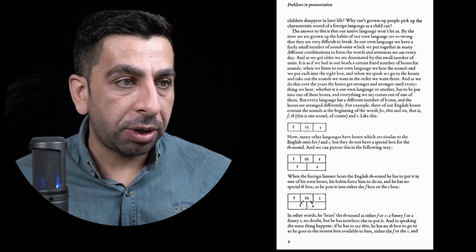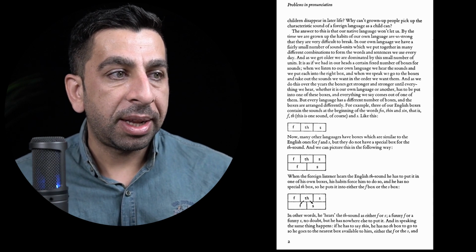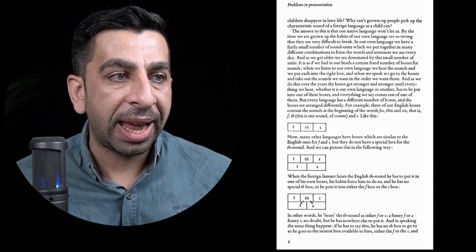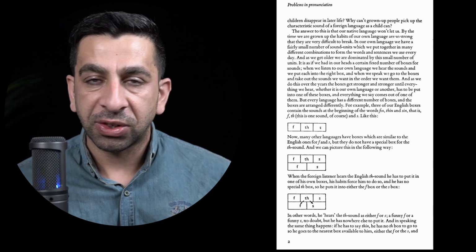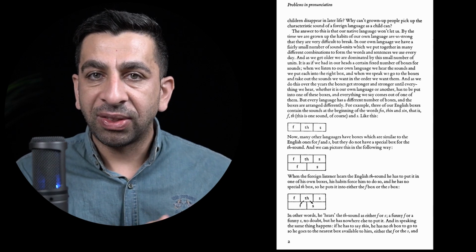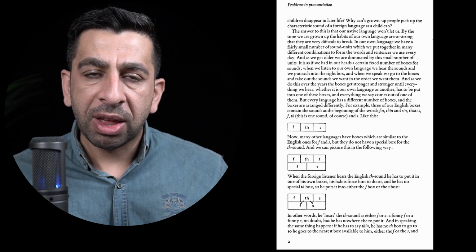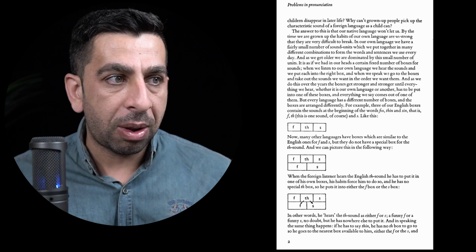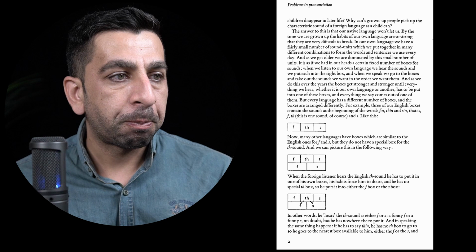And as we get older, مثل ما قلت, it is as if we had in our heads a certain fixed number of boxes. مثل ما واحد عنده عدد محدد من البوكسز، ومن الصعوبة إضافة بوكس جديد لهذا المجال أو هذا الحيز في الدماغ.